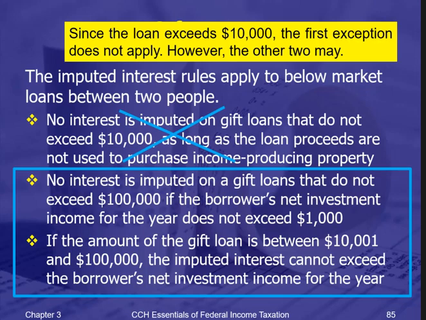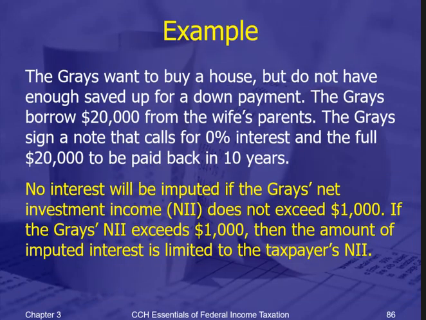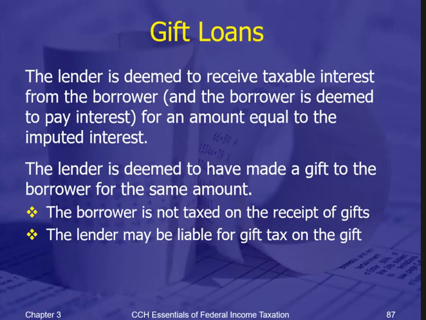This would be over $10,000, so it wouldn't be the first exception, but it could be one of the other two exceptions, as long as the Grays, the ones borrowing the money, do not have more than $1,000 of net investment income. And if they do, the imputed interest could only be up to that amount.